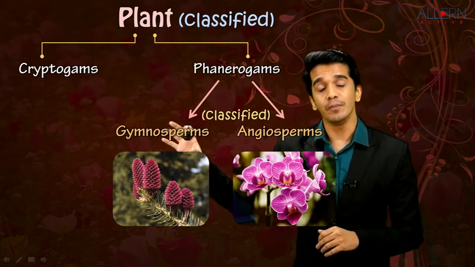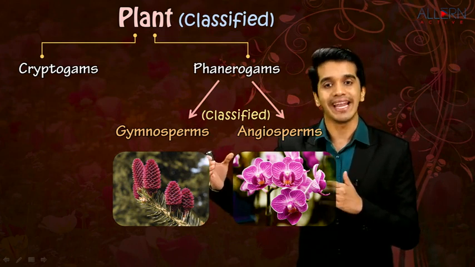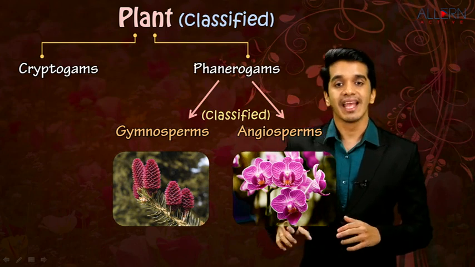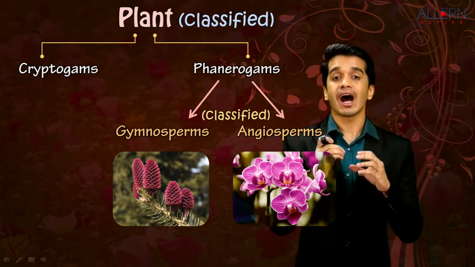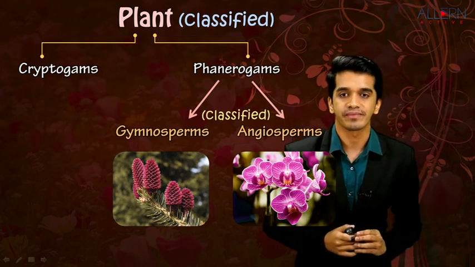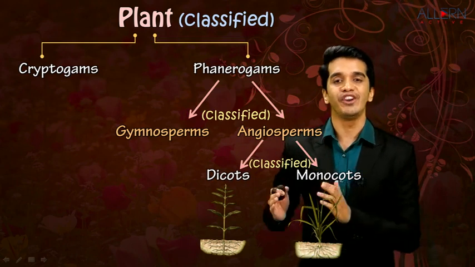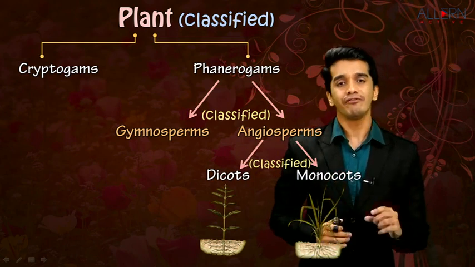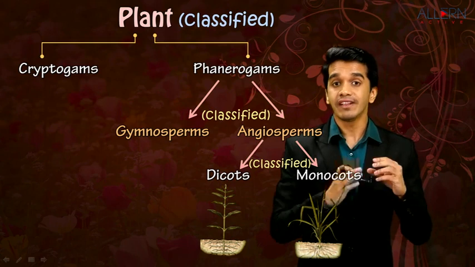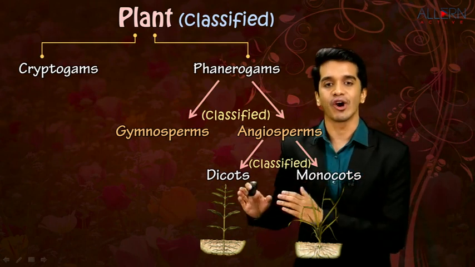When I say gymnosperm, always remember my dear students that gymno means naked and sperm means seeds. Angiosperms mean the seeds are encapsulated, that means enclosed inside the fruit. This angiosperm is further classified into dicot and monocot. If the seed gets divided into two equal parts, it is called dicot.